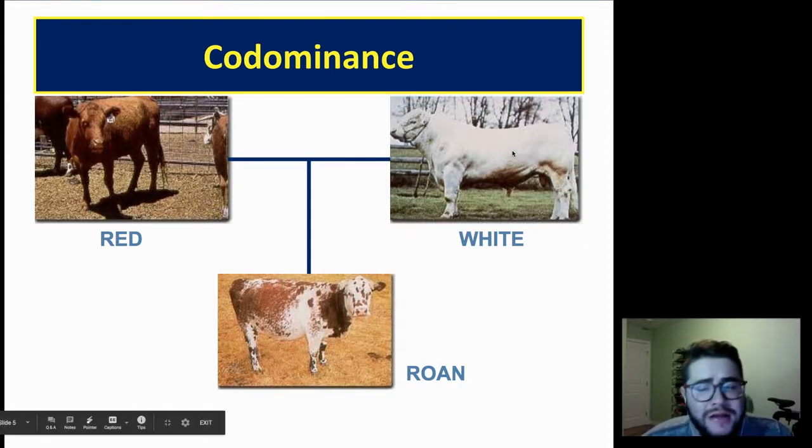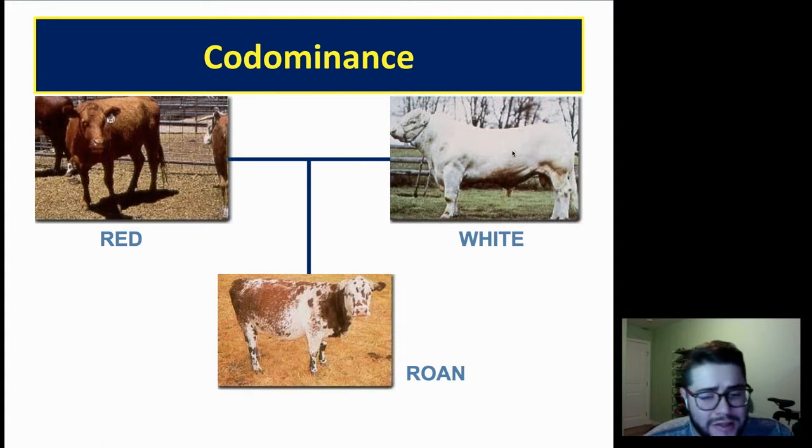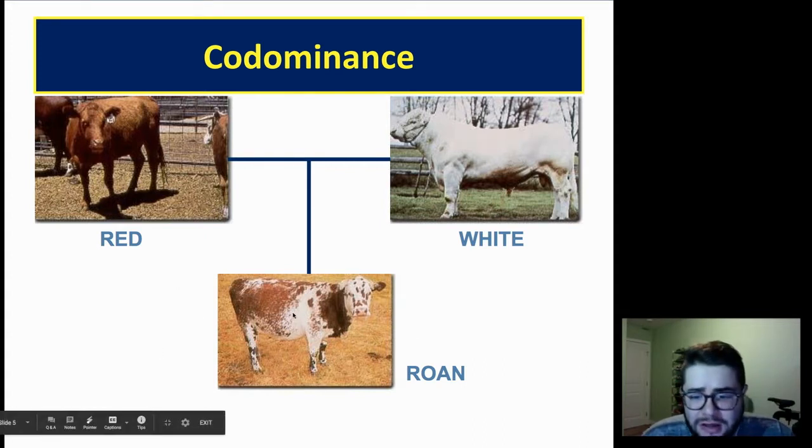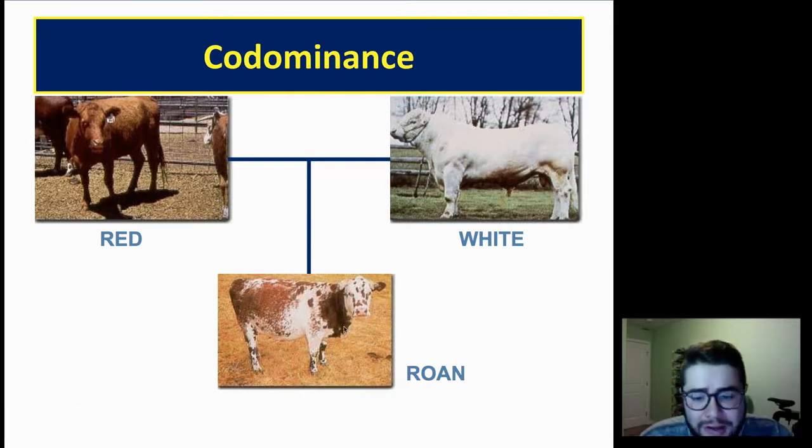Well, in cows where you have heterozygous individuals, where they have one red gene and one white gene, you get this coloration which is known as roan, where the cow is both red and white speckled. Both traits show up at the same time. Some cells will show up with red colorations and some will show up with white colorations. That is codominance.